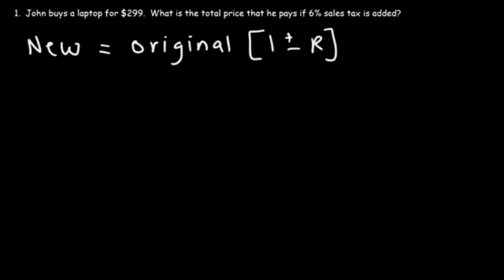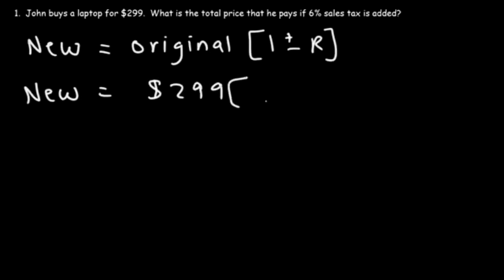But when dealing with discounts, you're going to use the minus symbol instead of the plus symbol, because the new price will be less than the original price if you have a percent discount. So in this example, the new price would represent the total price that he's going to pay. The original price represents the price of the laptop.